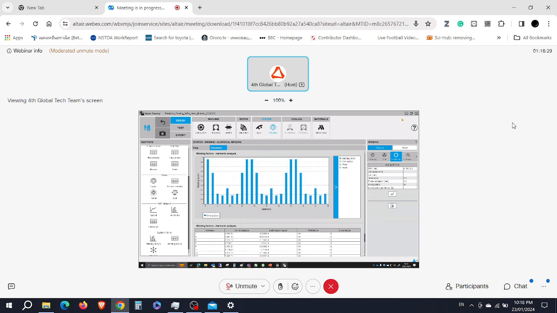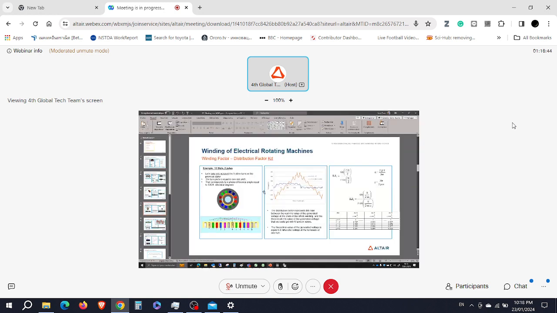So the winding factor is the multiplication of the distribution, pitch, and skew factors. What is a distribution factor?